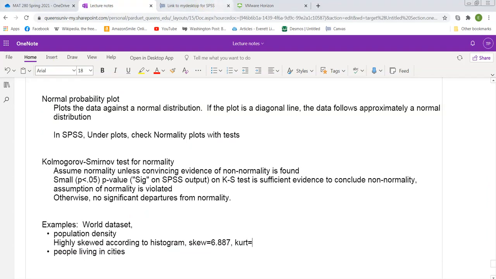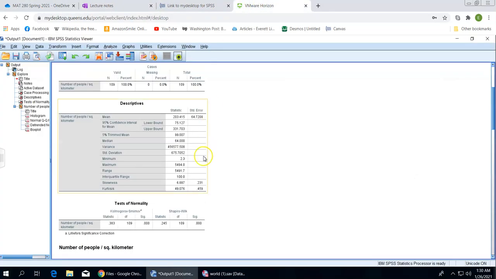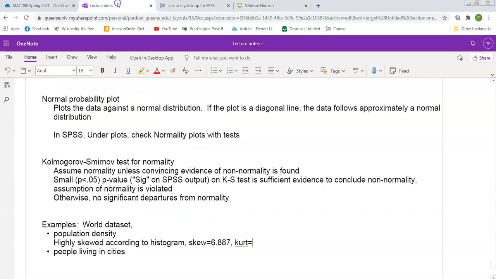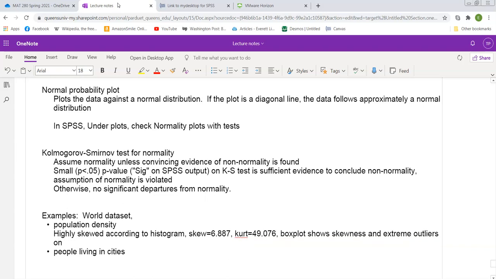And we've got a kurtosis that's probably the biggest kurtosis I've ever seen, which is 49.076. The box plot shows skewness and really extreme outliers on the high side.